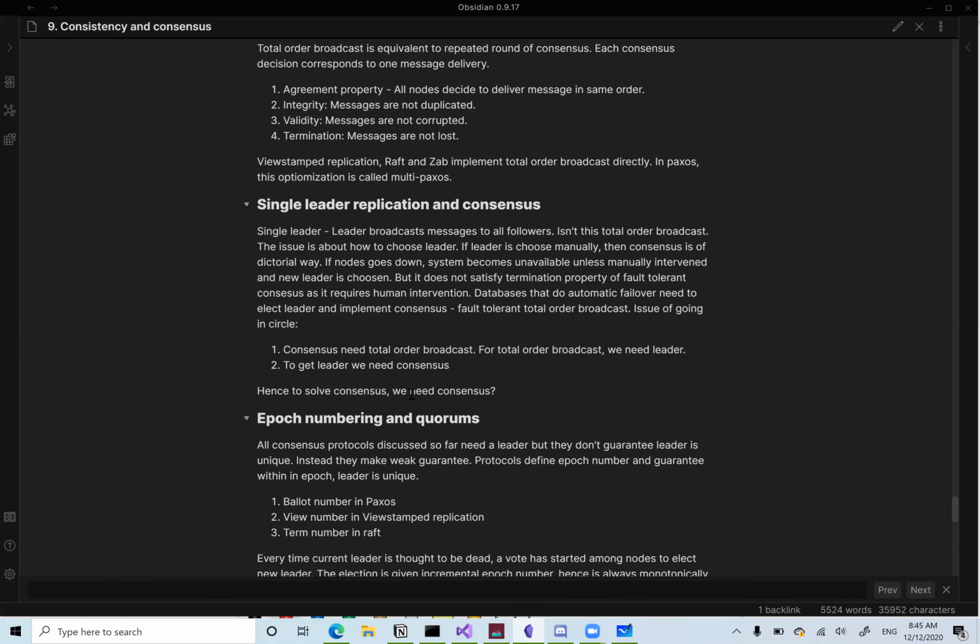But that's when we start the cluster for the first time, right? Not only during the start: if a leader fails, then also you need to elect a leader. At any time, you might need to elect a leader.